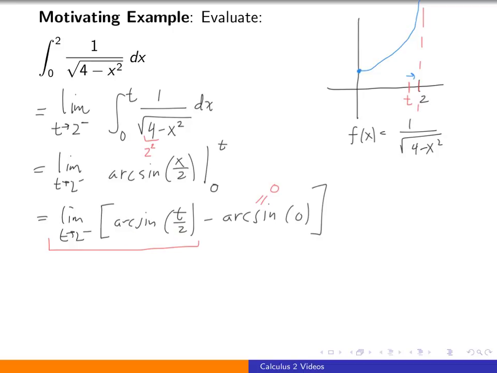And the arcsine is a continuous function, so this limit will be the arcsine of 1, which is pi over 2. This value pi over 2 is the value of this improper integral. Note that geometrically it corresponds to the area enclosed between our curve and the x-axis from x equals 0 to x equals 2.